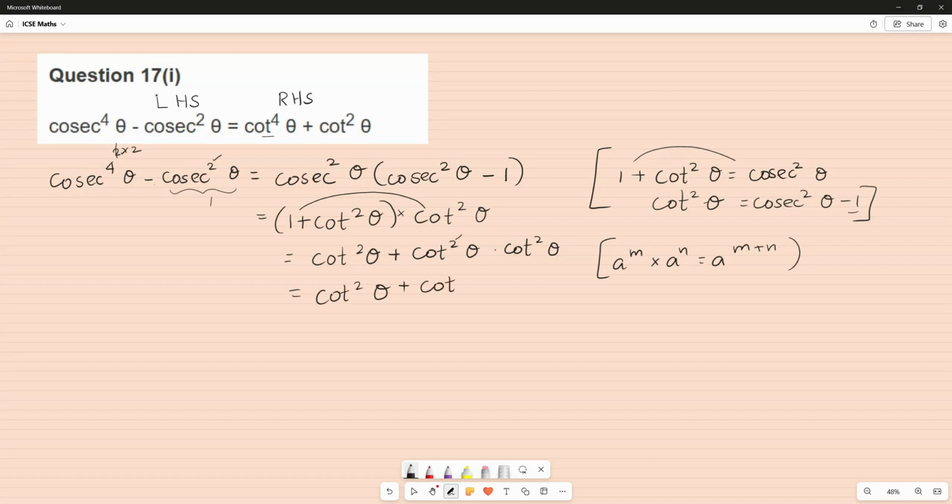So 2 plus 2 is 4. We can rewrite this using the commutative property, 2 plus 3 is 3 plus 2. So we can write cot power 4 theta plus cot square theta. That is equal to your RHS. So LHS is equal to RHS. We can write hence proved.